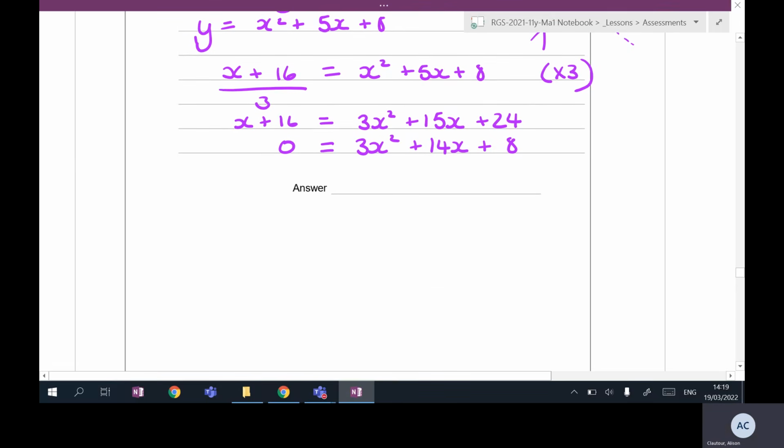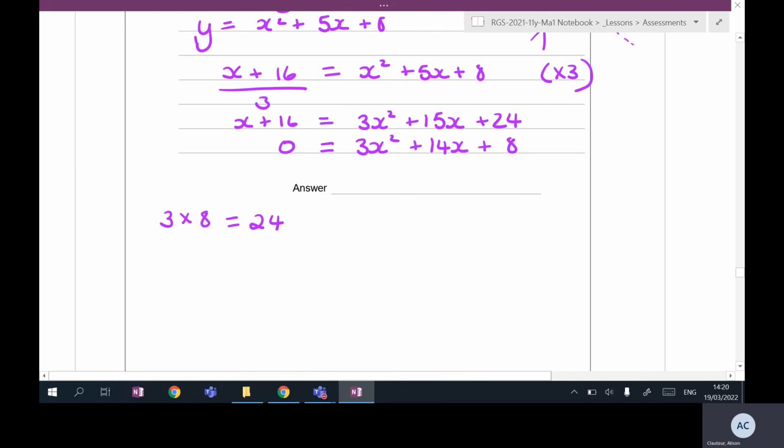I'm then going to factorise that. So obviously there's lots of different methods for factorisation. So it does depend on how you've been taught. Okay, for something that's a hard one, this has got a 3 at the front, so it's relatively hard to factorise. Multiply your first and your last number together. So 3 and 8 is 24. And then you want two numbers that multiply to get 24 and they add to get 14.